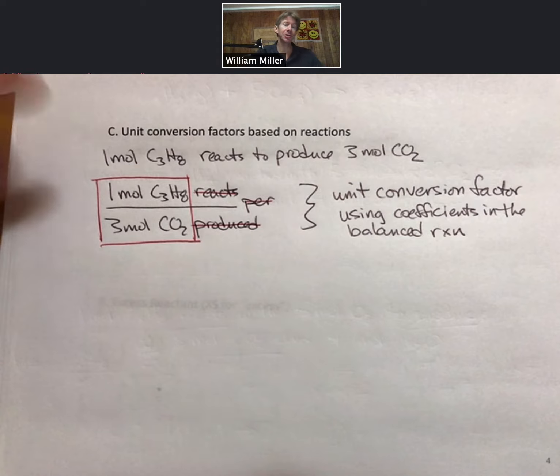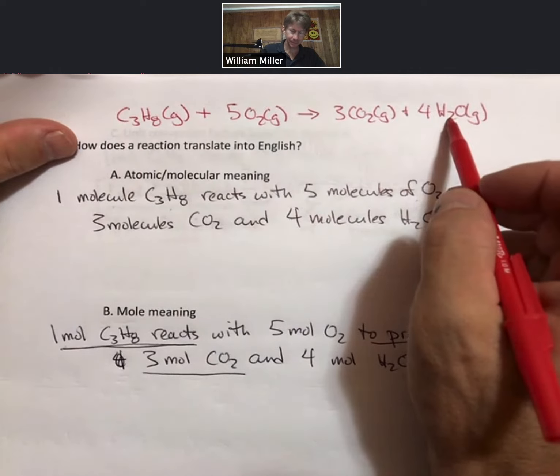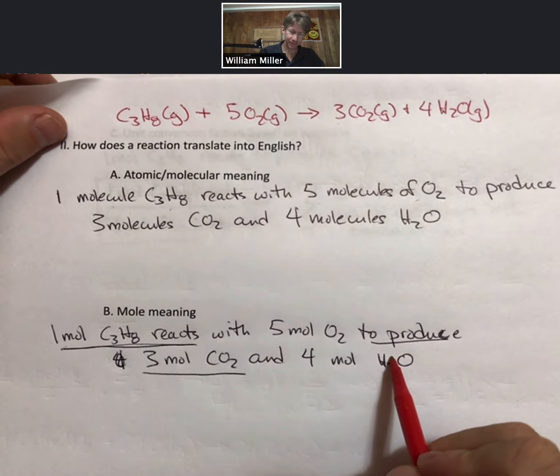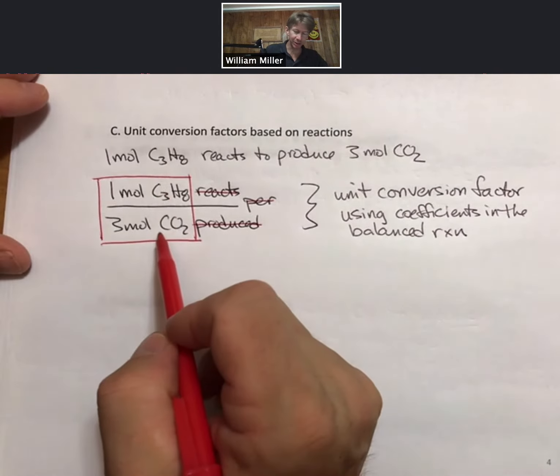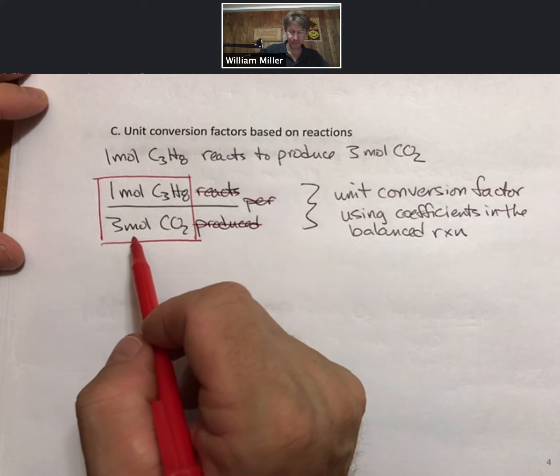And of course, we could turn this into an equal statement as well, and I'm happy to do that in office hours. However, I'm going to go with this approach. We have a balanced reaction. We convert that into a sentence for the mole meaning. We use that mole meaning to create unit conversion factors, which we will then use in problems.